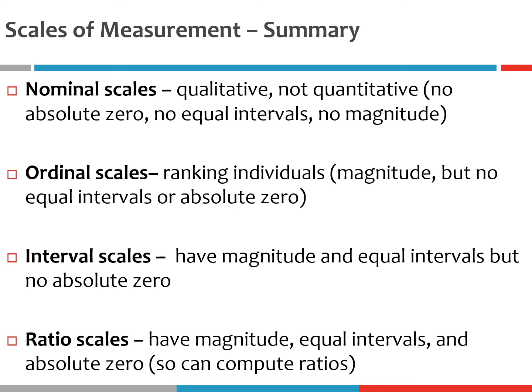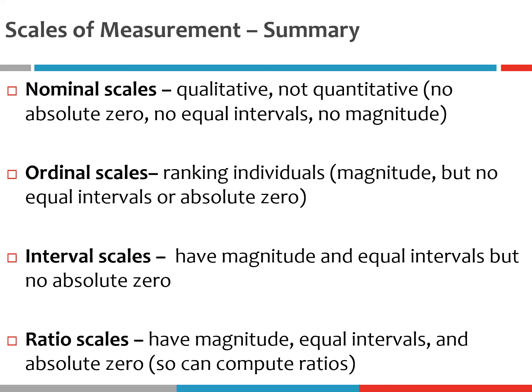Okay, so just to summarize, nominal scales are qualitative, not quantitative, because there's no absolute 0, no equal intervals, and no magnitude. Ordinal scales rank individuals on the basis of magnitude, but there are no equal intervals and no absolute zero.